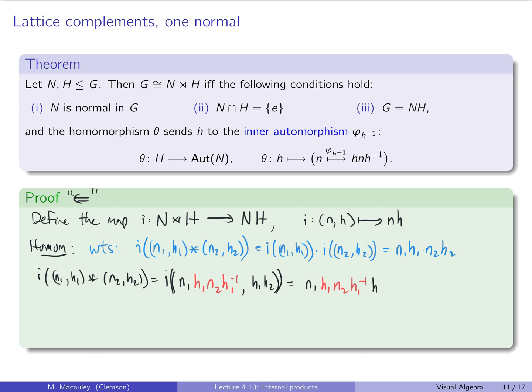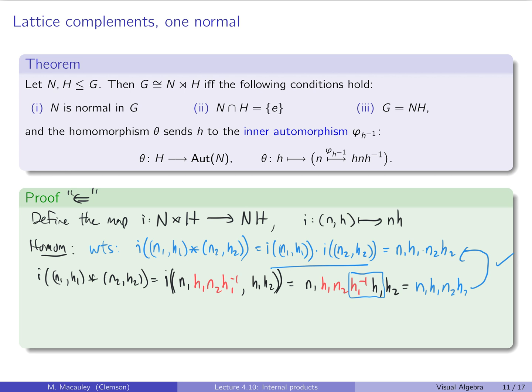Now we have H1, H2, and I think you see the idea here that we cancel those things. So what's left? Now we have N1, H1, N2, H2, and look, that's exactly equal to what we needed it to be equal to. And so therefore, this map is a homomorphism.